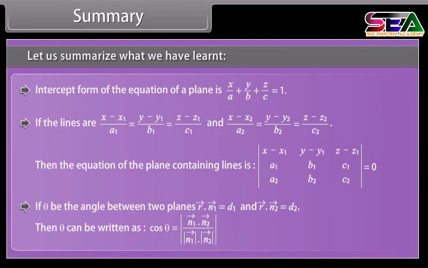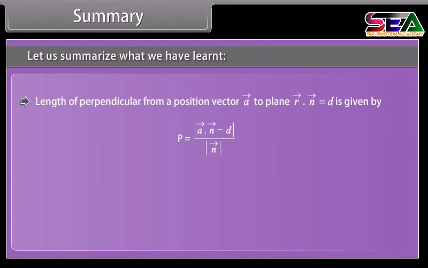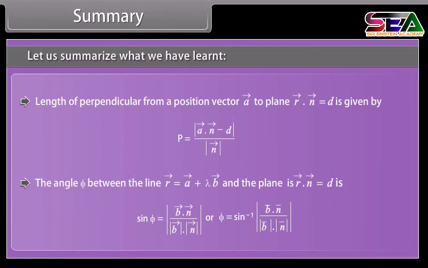If theta is the angle between two planes, then theta can be written as follows. The length of the perpendicular from a position vector A to a plane is given below, and the angle phi between the line and the plane is given below.